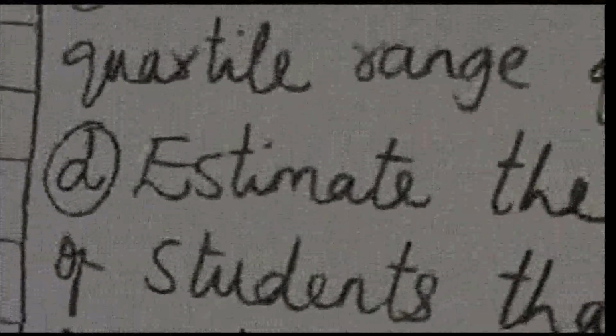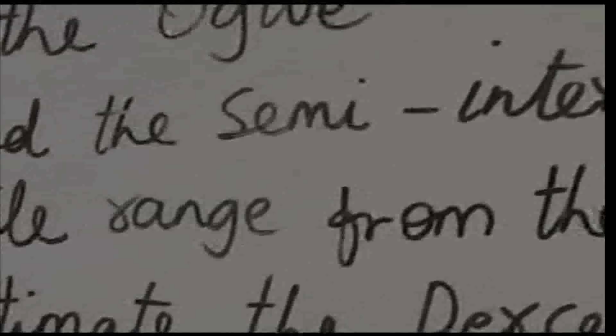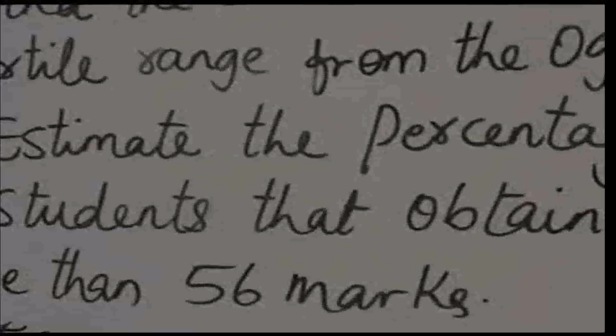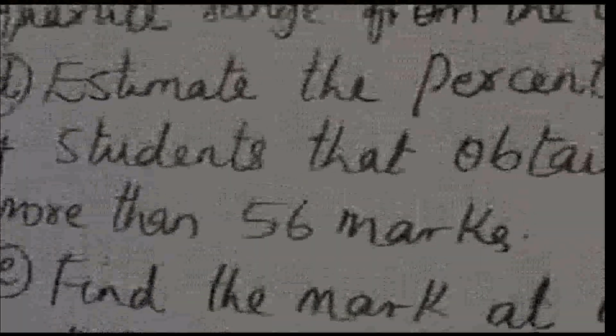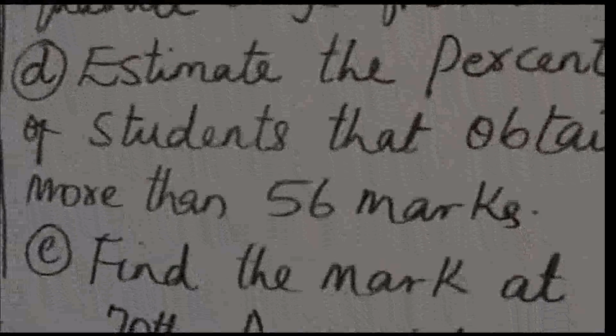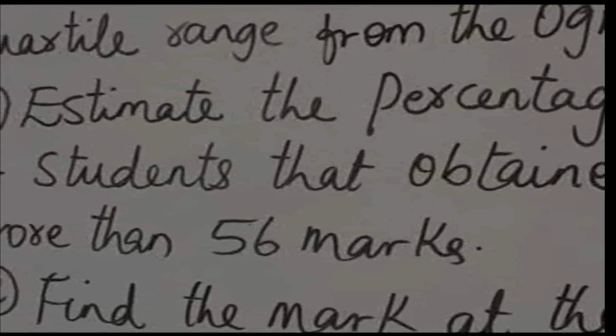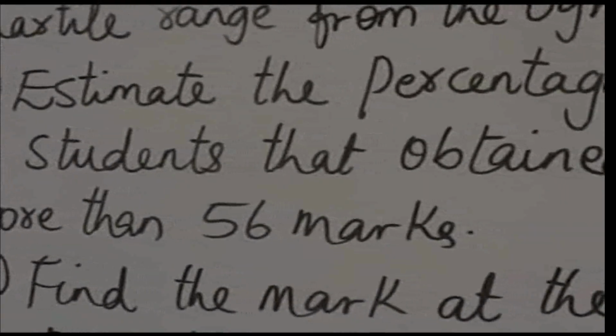Okay, let's go to question number D now. Question number D says that we should estimate the percentage of students that obtained more than 56 marks. Estimate the percentage of students that obtained more than 56 marks.